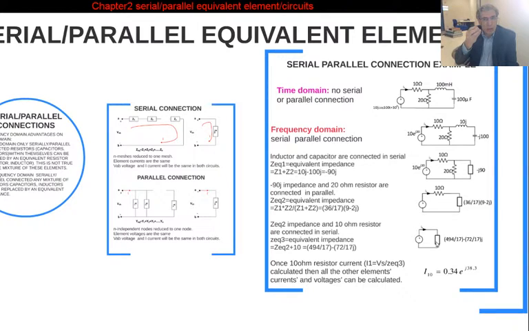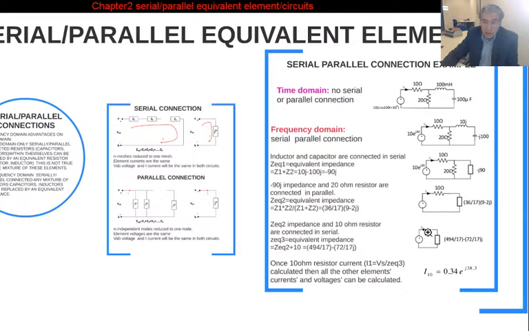This serial parallel connection of equivalent elements helps us improve our analysis of circuits like this. How does it help us? You can replace all these elements and end up with one element and one source here. That means you can find this current.